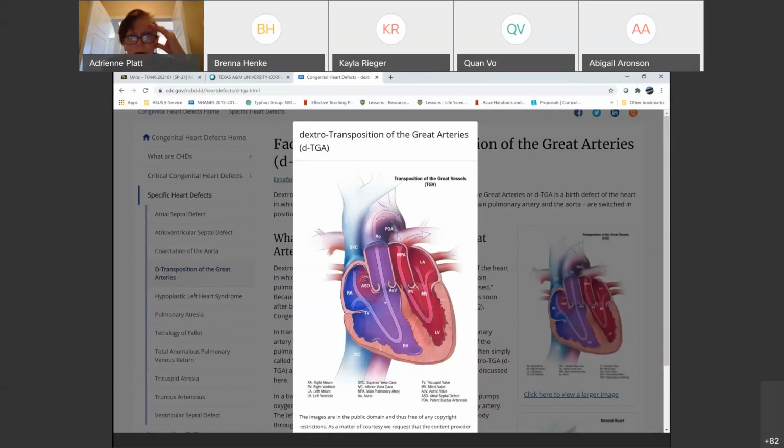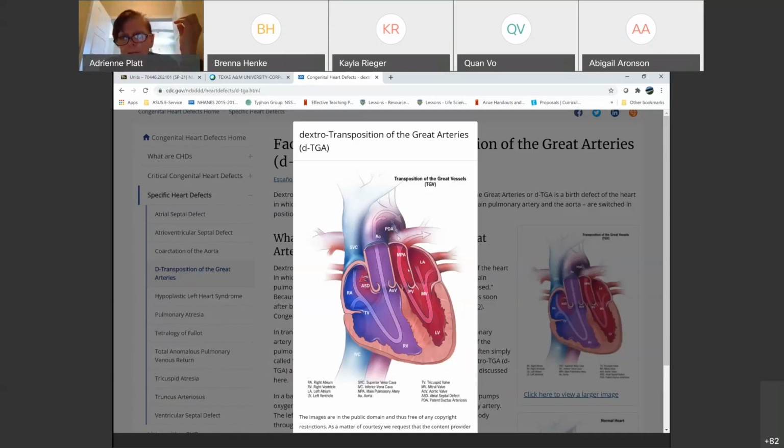So anyway, this is the right artery that should go to the lungs. Okay, this is how it is. You have unoxygenated blood on the right, and it's going into the aorta, and that deoxygenated blood is going to the body.